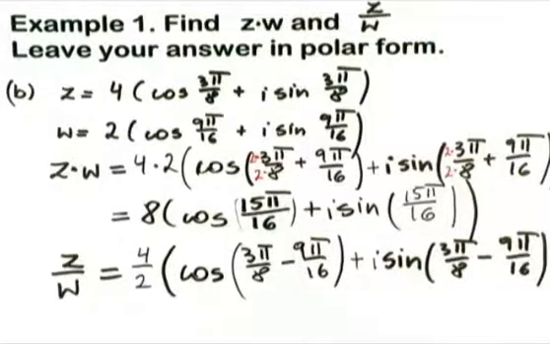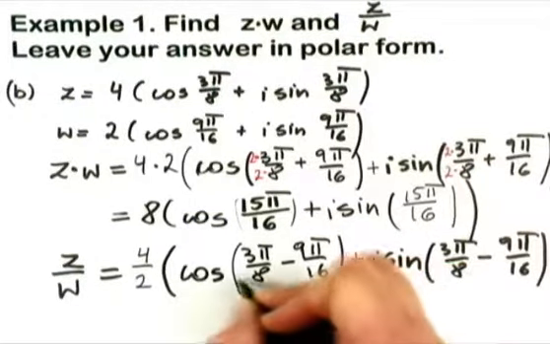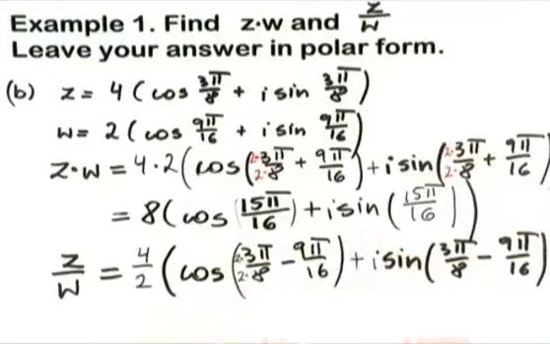So the same common denominator, we need to multiply this times 2. 16 common denominator, times 2, times 2.